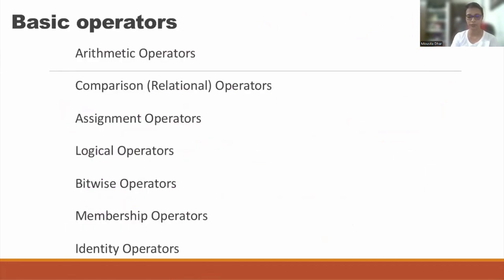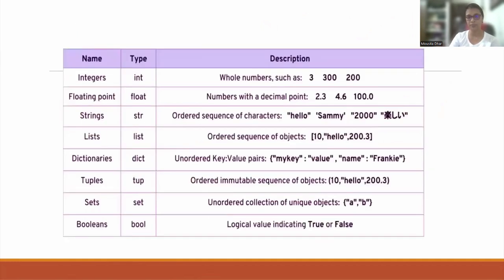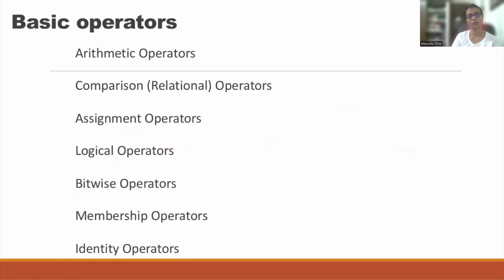Next, let's go for the next one, which is the operators. Remember, don't worry about this slide. All this we will again discuss in a separate chapter. So for the timing, only note down all these data types available in Python. What are the basic operators available in Python?